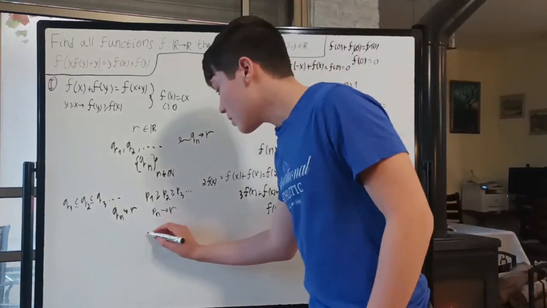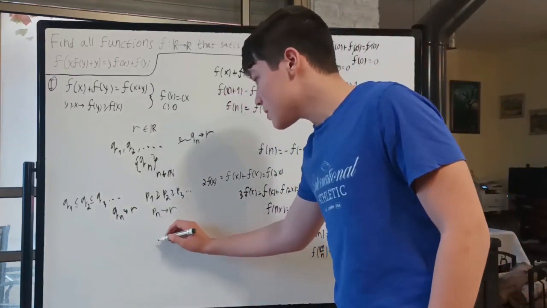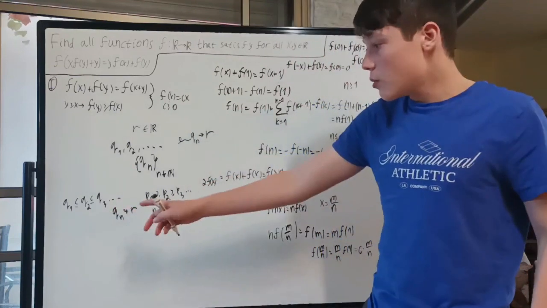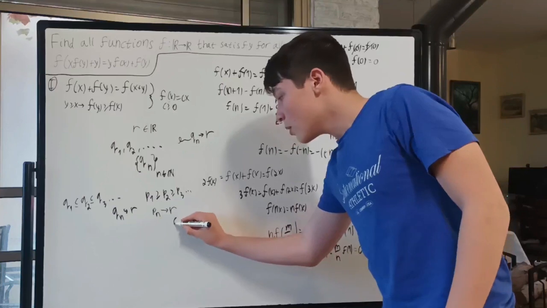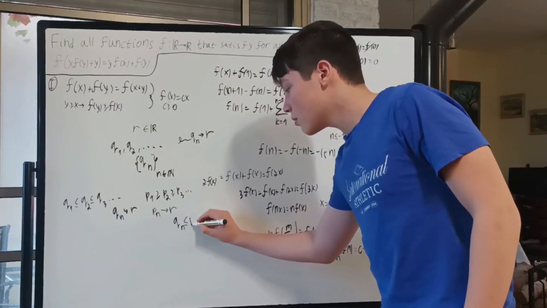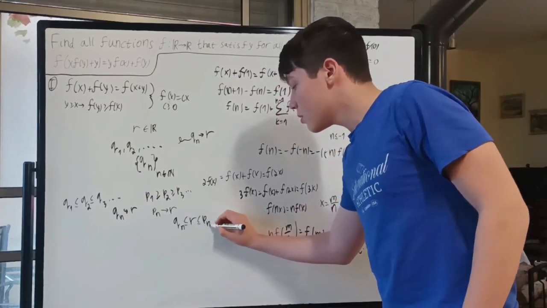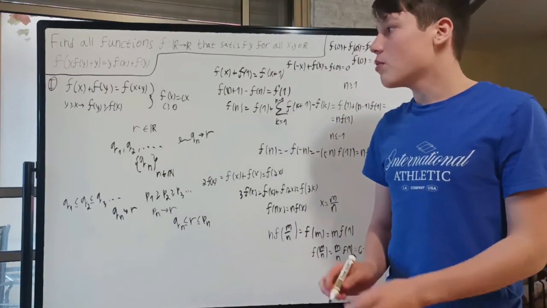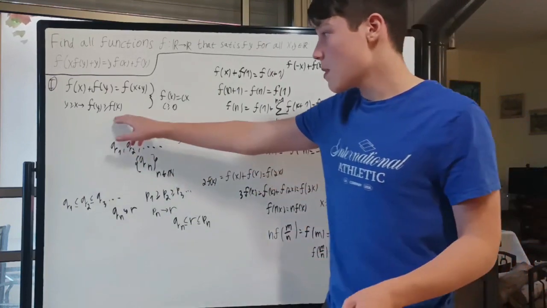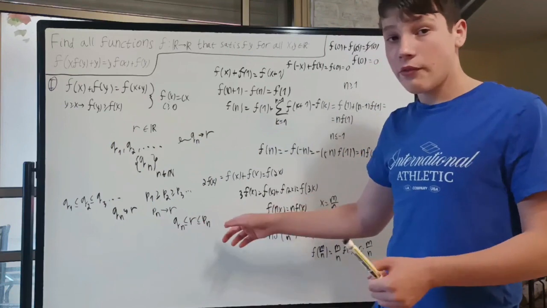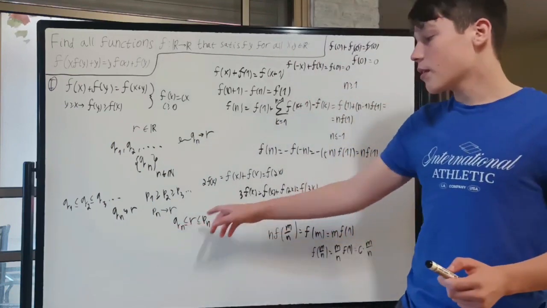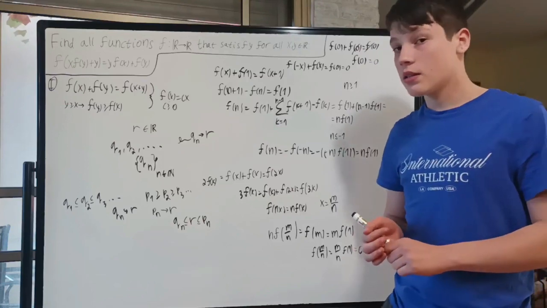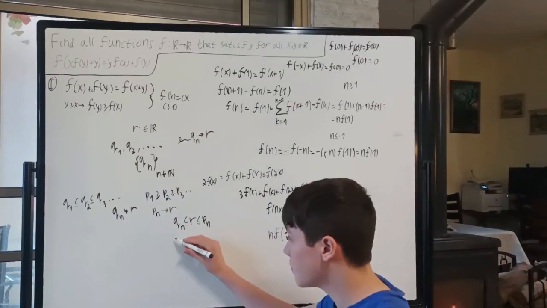But now we can say, since Qn is approaching R from below, and Pn is approaching it from above, we always have this inequality. But we know since f is monotonic, we can put an f on each one of these. So f of Qn is smaller than or equal to f of R, which is smaller than or equal to f of Pn.